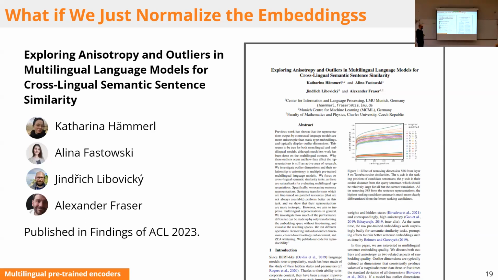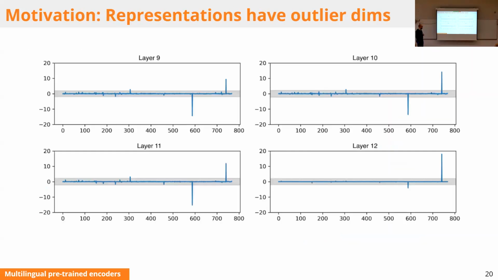It showed that we weren't as right as I thought, and the reason is that if you plot the averages of the individual dimensions of the embeddings in XLM-R, you immediately see that there are some outliers, and when you compute any type of distance between these vectors, those outliers, those dimensions that always have a high number, make up a large part of the cosine distance or the Euclidean distance.